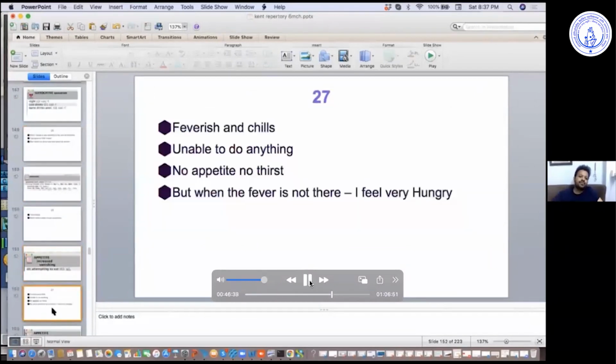Doctor, patient tells you that I'm getting, in the COVID, lot of fever and chills. But during the fever and chills, there was just no appetite, no thirst. But especially when I don't have fever and chill, the stage between the fever and chill, I feel very hungry and I feel like eating food a lot.